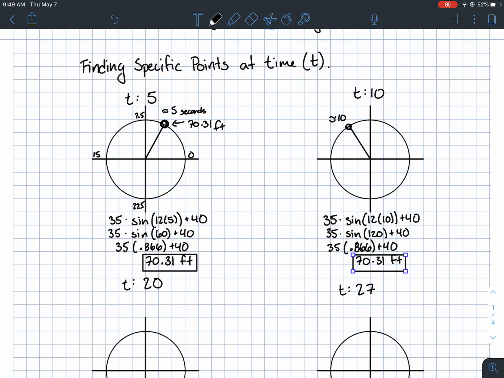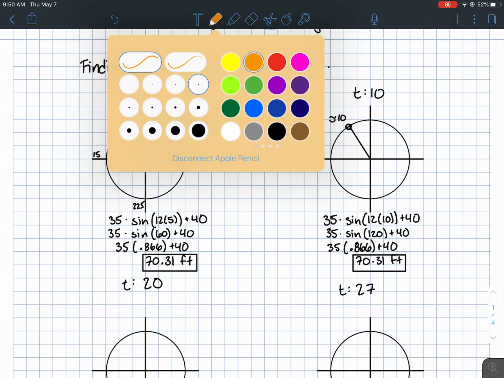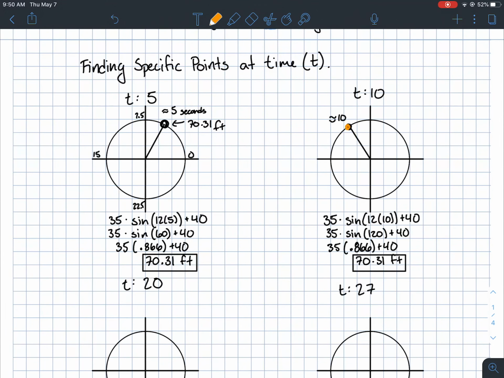Now you might be asking, why did I get the same answer? Well, the nice thing about sine is that we're just looking at how high above we are. This point in orange is the same height as this point here. We've just crossed the highest point. So every time we have a point, we have a matching point for sine.